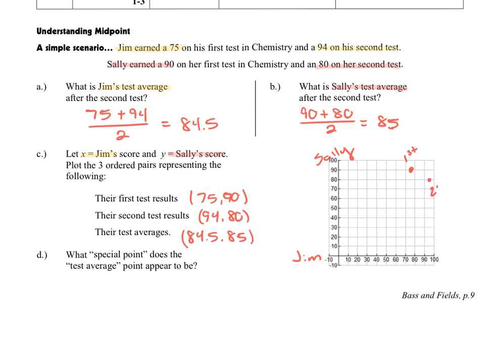And that's going to be their second. And then if we plot that average, that 84.5, 85, what I want you to see here is that their average appears, and it is in fact the midpoint. It is the middle value of those two ordered pairs.